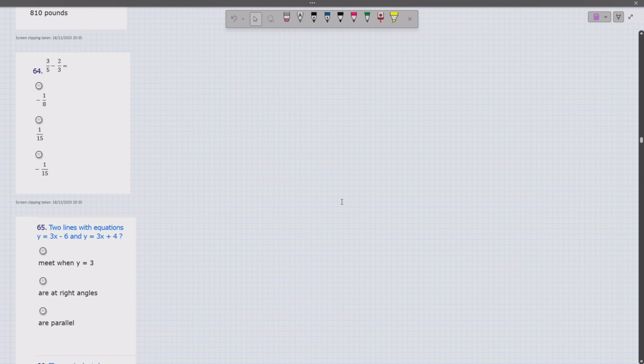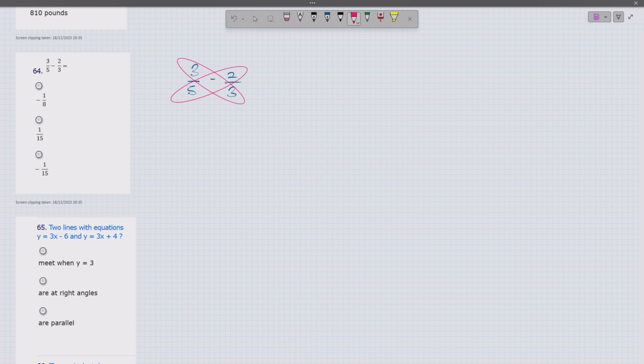3 over 5 minus 2 over 3. Well, the easiest way to go about this is to use the butterfly method. So 3 over 5 minus 2 over 3. With the butterfly method, you multiply 3 times 3 minus 2 times 5, all over 5 times 3.